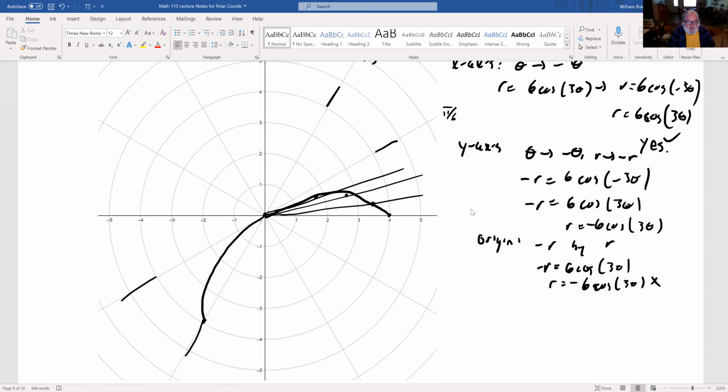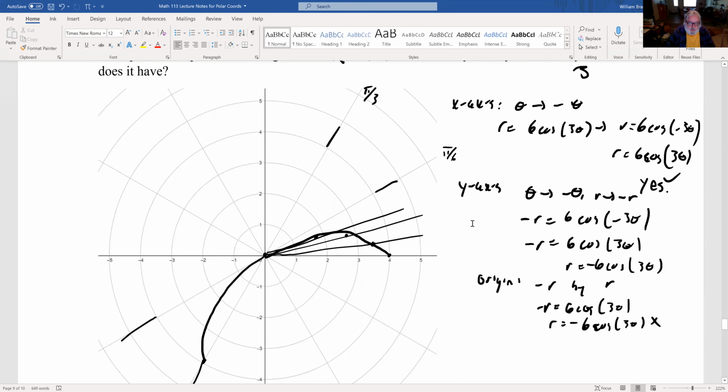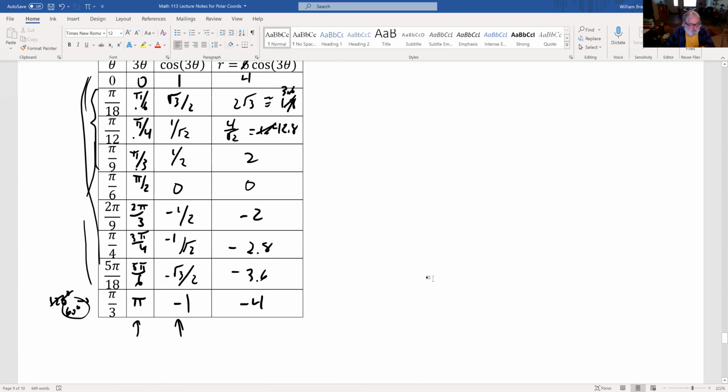Right? What about the next batch from pi over 3 to pi over 2? Well, we get the same shape because it's always the same numbers, but my r's, that's the pi over 3 to pi over 2, and then that's the pi over 3 to pi over 6.